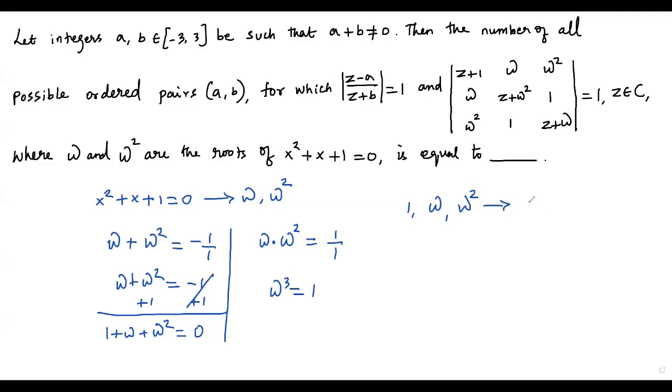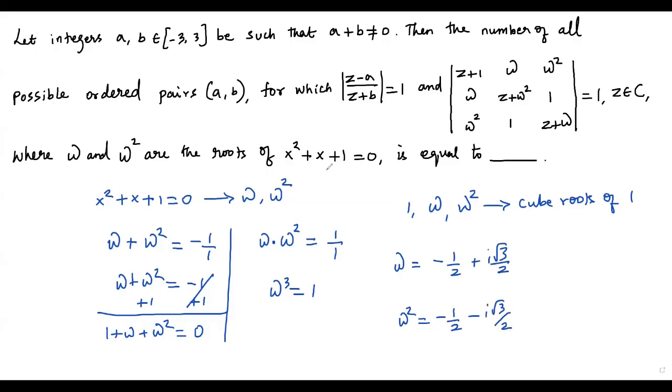Of these three cube roots of 1, only the first one is an integer, the remaining two are complex numbers. So omega is a complex number, omega square is also a complex number, and omega equals -1/2 + i times square root of 3 over 2, and omega square equals -1/2 - i square root of 3 over 2.